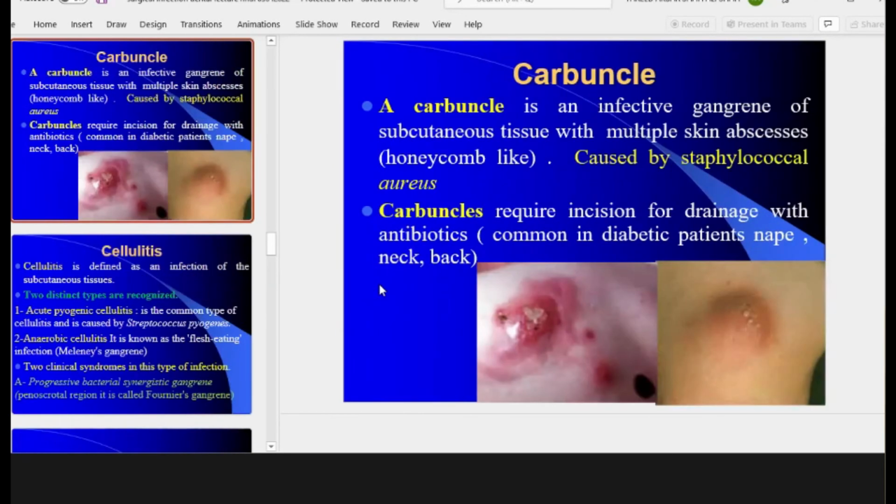And yes, about carbuncle also, you may be given a description of an abscess which has multiple discharging sinuses. So the answer is carbuncle, multiple discharging sinuses.